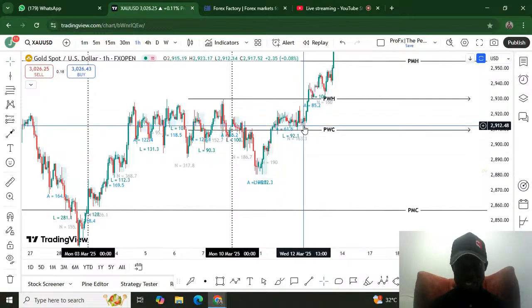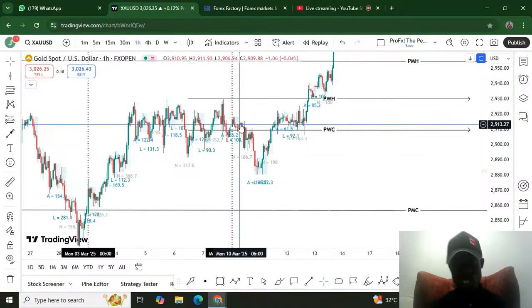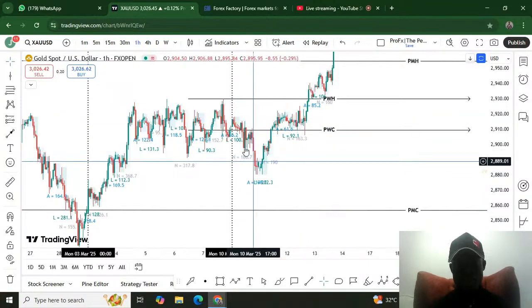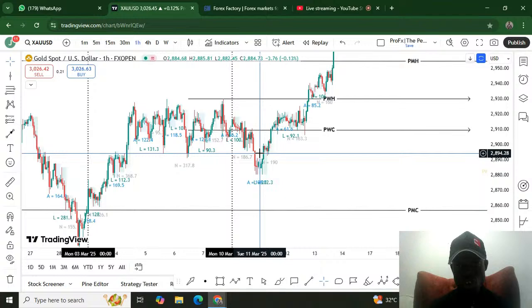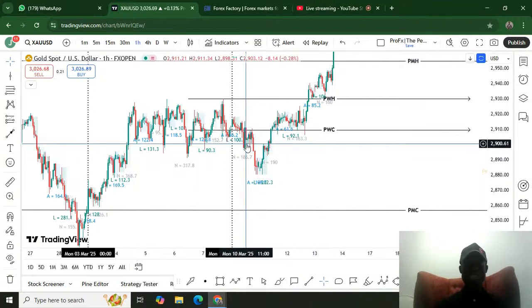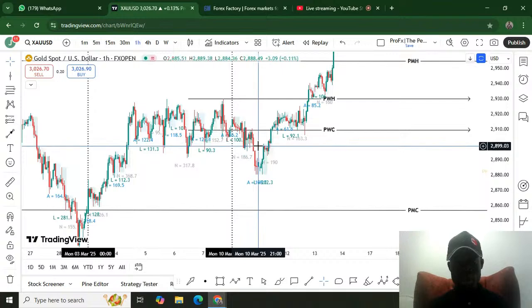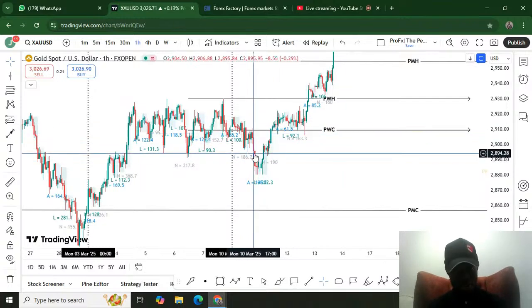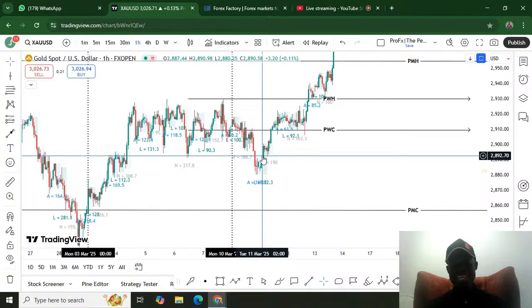At that point, the sentiment changed from bearish to bullish. The fact that we are trading below the close price doesn't automatically mean that we'll be bearish.